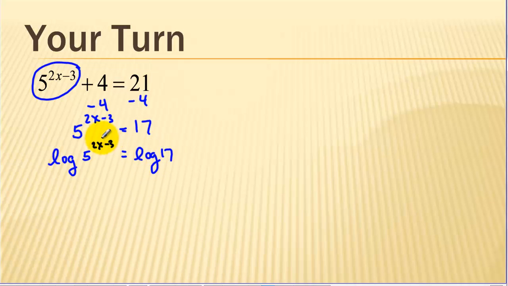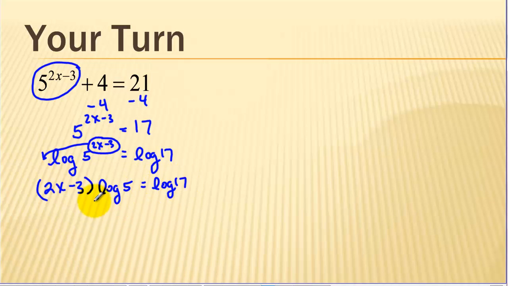And now we can use our exponent property to bring our exponent into the front. Times the log of 5. Now I need to get rid of this so I can divide by the log of 5 on both sides.